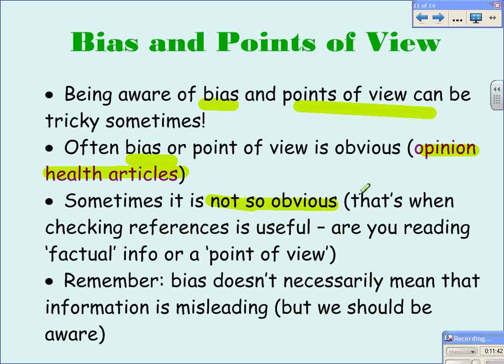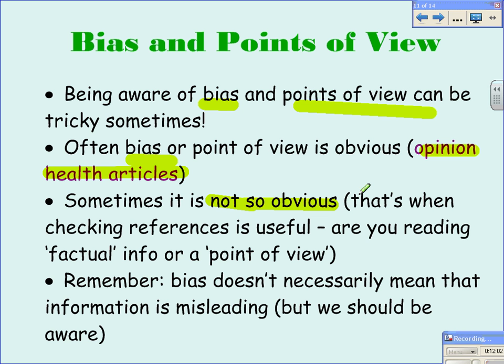If you are reading something that is factual, usually the author has a medical degree or is affiliated with an organization that is linked to health information. If you're reading a point of view article, often we'll see that there are no affiliations with the author at all.